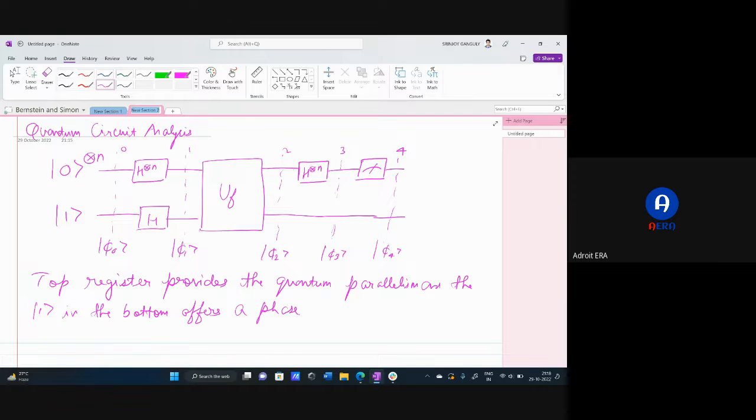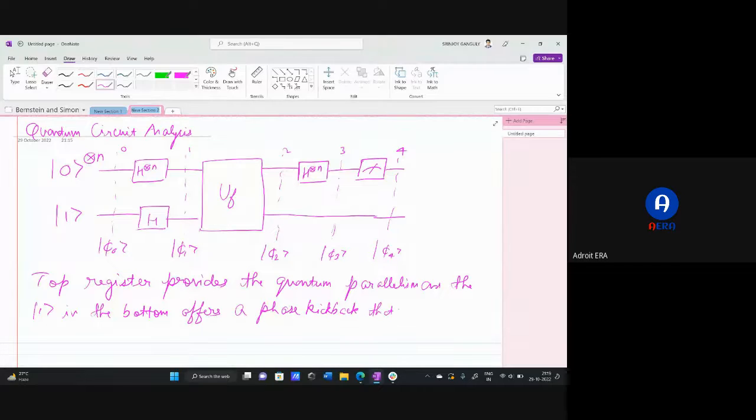Okay, what is phase kickback? It is a self-explanatory term. The phase associated with the bottom register, the second register, is kicked back into the first register. Therefore the information which is present in the second or the last qubit, which is ket 1, is transferred to all the qubits in the first register. That is what is called phase kickback.